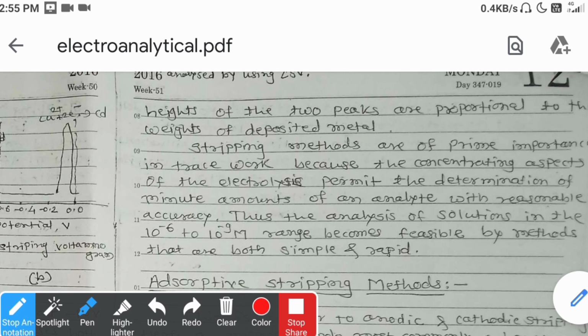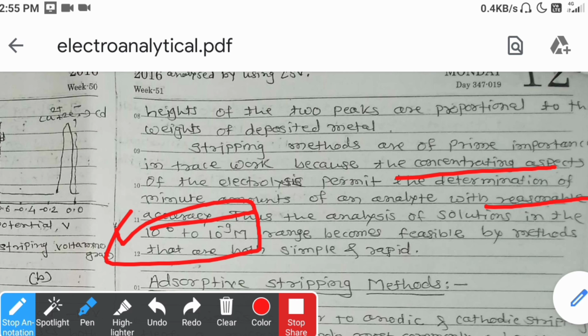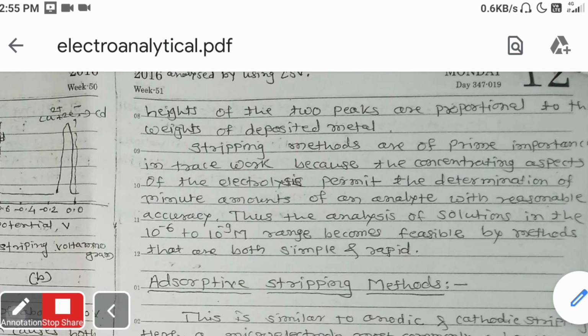Stripping methods are of prime importance in trace analysis, because the concentration aspect of the electrolysis permits the determination of very small amounts of analyte with reasonable accuracy. The analysis of solutions in the range 10 raised to minus 6 to 10 raised to minus 9 has become feasible using this simple and rapid method.